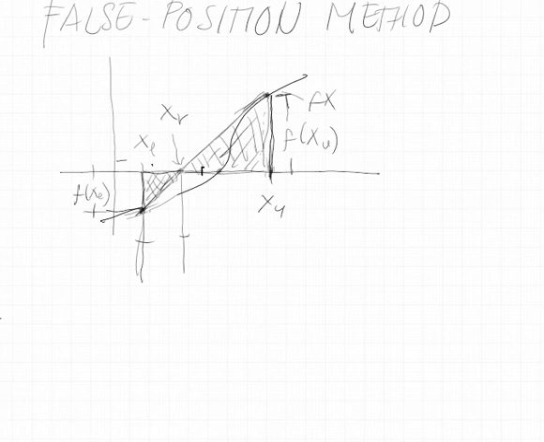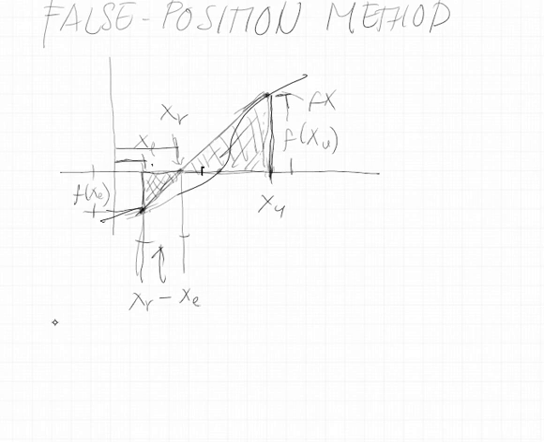This one is xl from here to here. And this is xr from here to here. So this length will be just equal to xr minus xl.